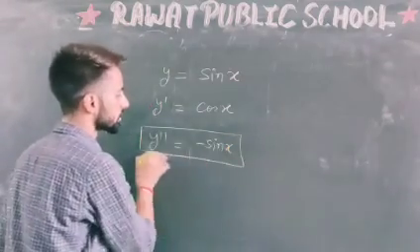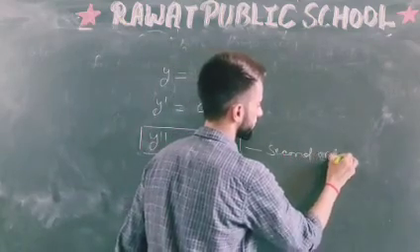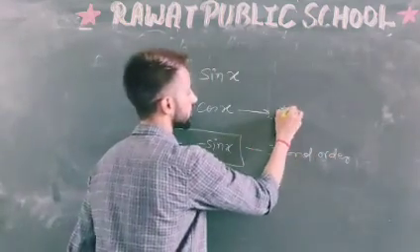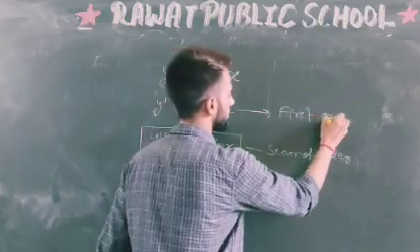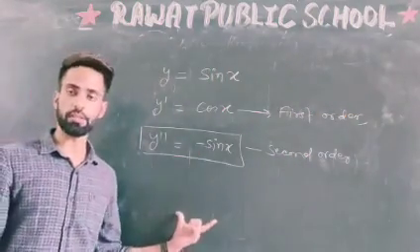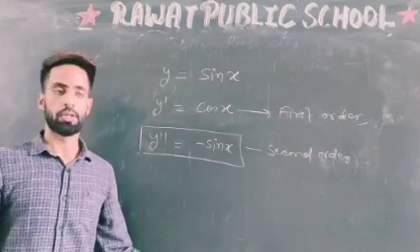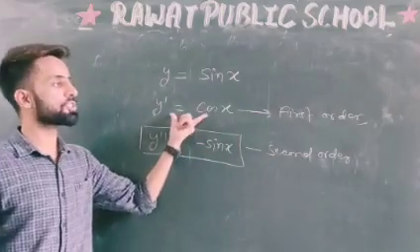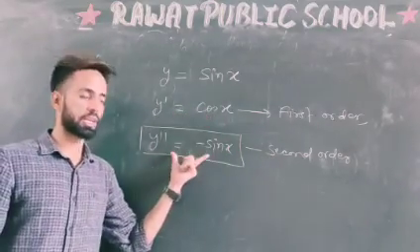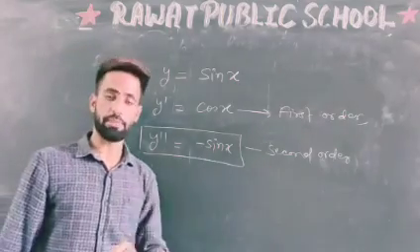So this is the second order derivative, and this is the first order derivative. If we differentiate this function further, that will be the third order derivative, fourth order derivative, and so on. So second order derivative means differentiating the first order derivative to obtain the second order derivative. This was the basic question.